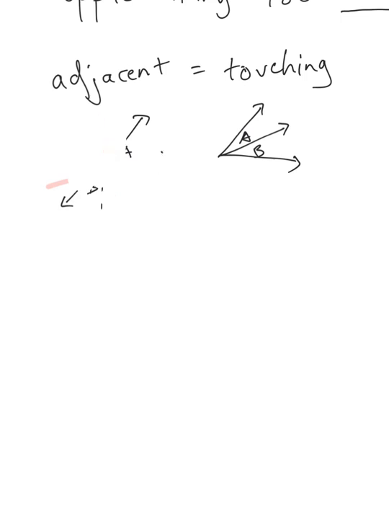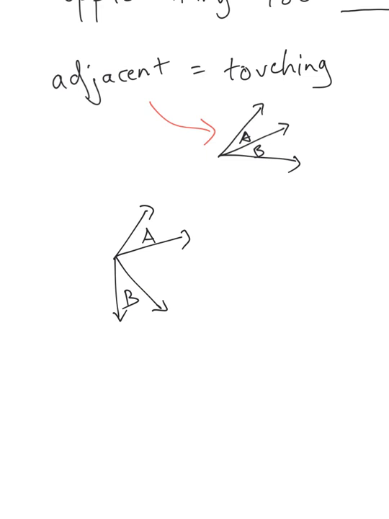So let's redraw that a bit here. If we had angles like this, and this was A, and this is B, this is adjacent here. This, however, would be considered non-adjacent, meaning they do not share one side.